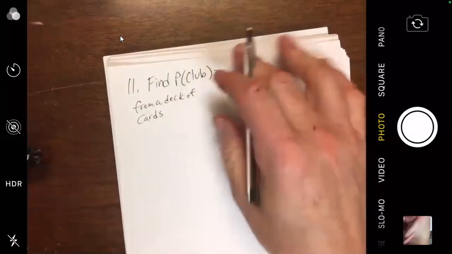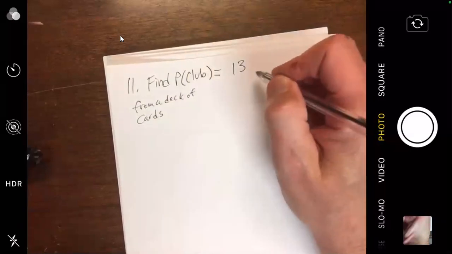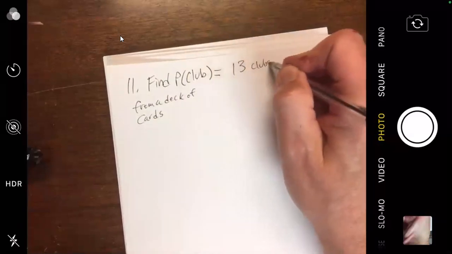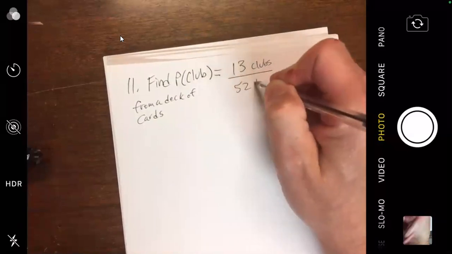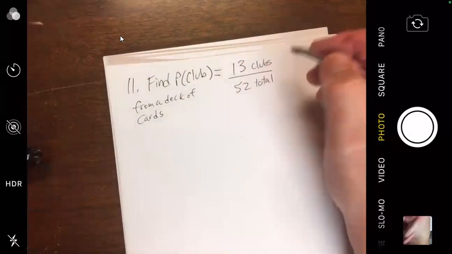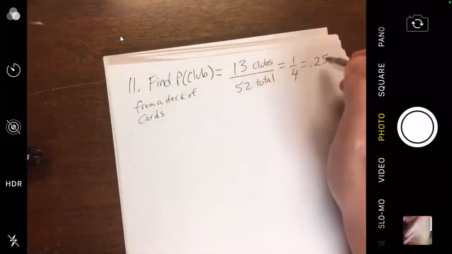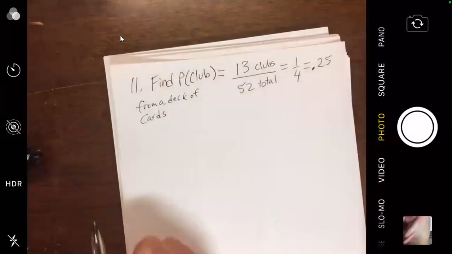Everybody's savvy enough about cards to know that there are 13 clubs in the deck, 52 total. And I think you'll find that's 1/4 or 0.25. Clubs are a quarter of the deck.